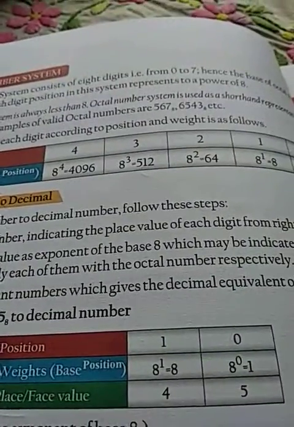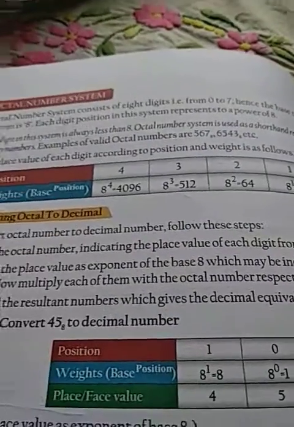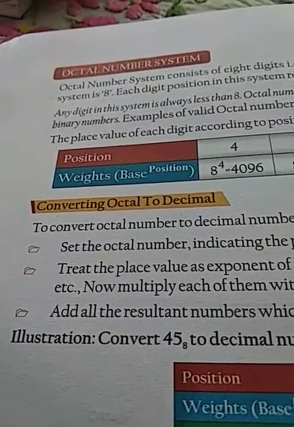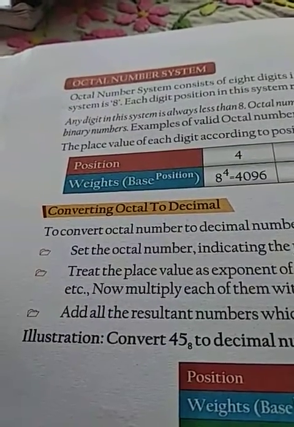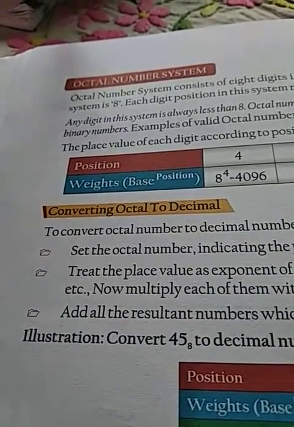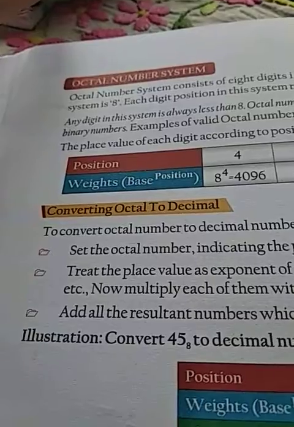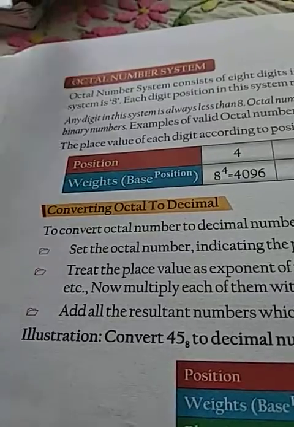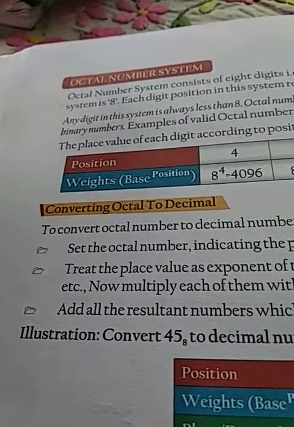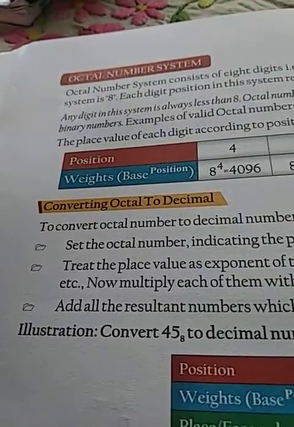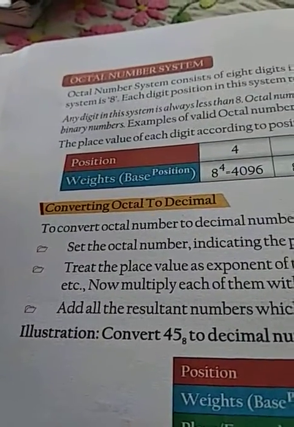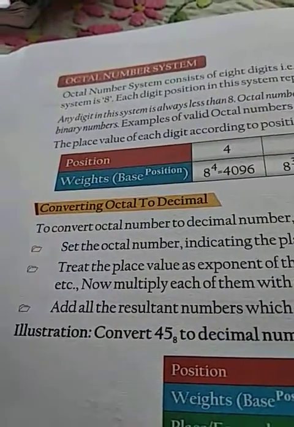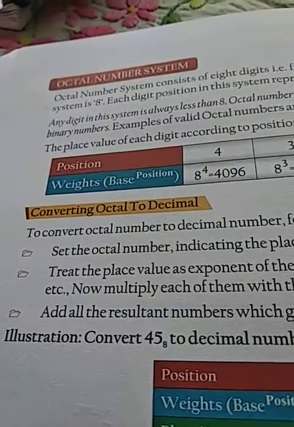So the octal number system is used as a shorthand representation of binary numbers. Now first we have to understand why this octal number system is used and why it is called a shorthand representation of binary numbers. Children, since in binary numbers only two digits 0 and 1 are used, when we write huge numbers, meaning bigger numbers, the length of the digits increases a lot.